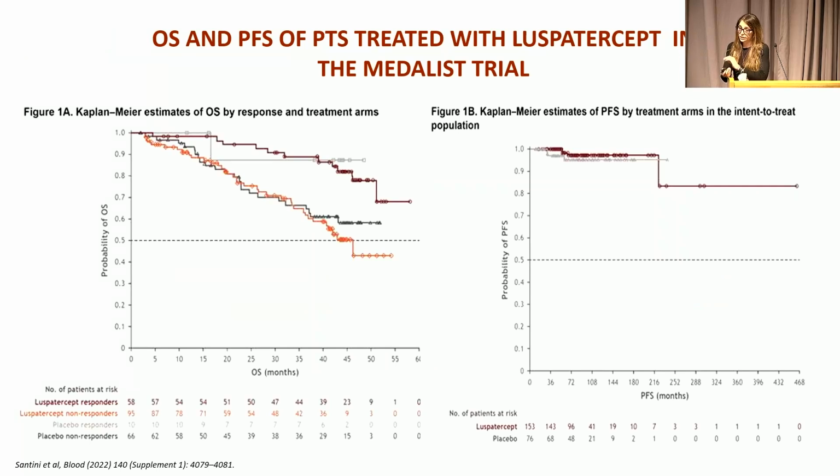In this slide, you can see that overall survival in patients who obtained a transfusion independence with luspatercept was prolonged, but as we know from the past, every kind of therapy which induced transfusion independence could be active on the overall survival. In the MEDALIST trial, the median progression-free survival in the intention to treat population was not reached.